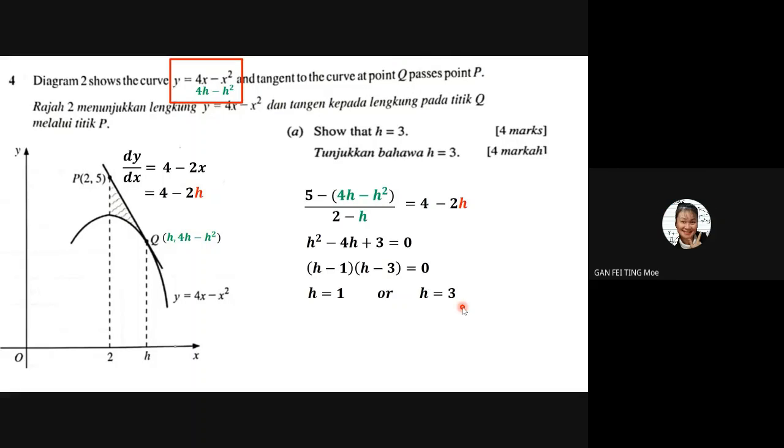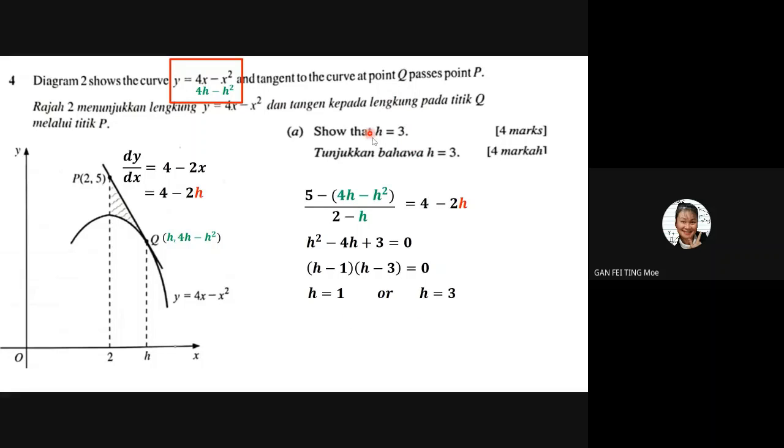Wait. Yes, your answer? Very fast, it should be very fast. Equals to 3. Why 3? Why not 1? Why do you accept 3 and not 1?